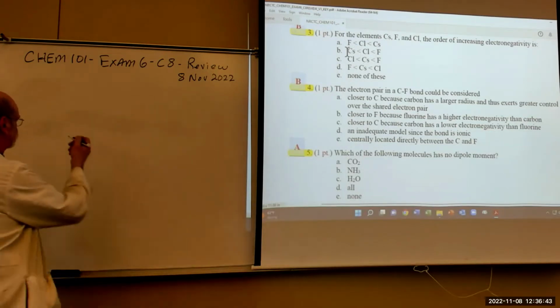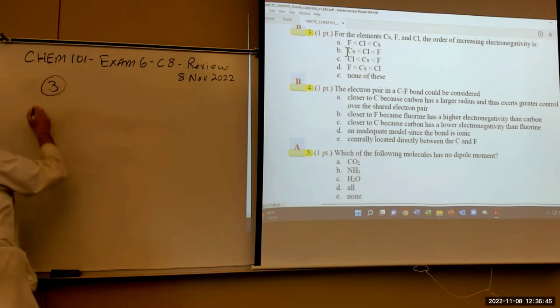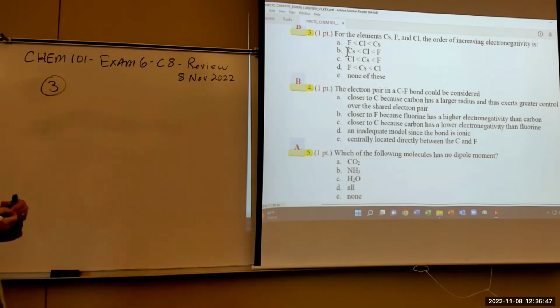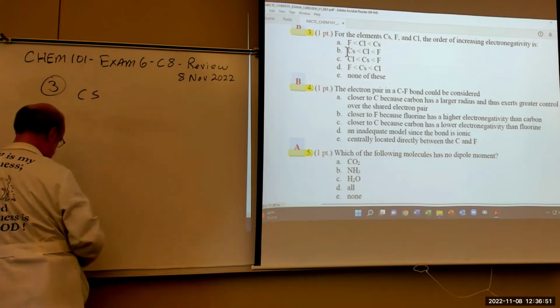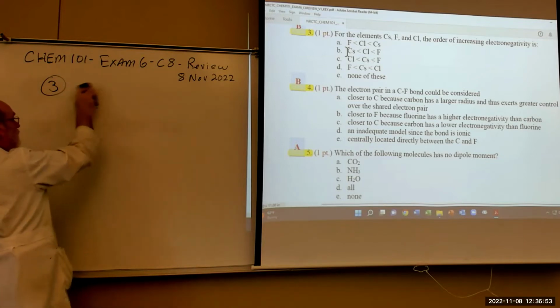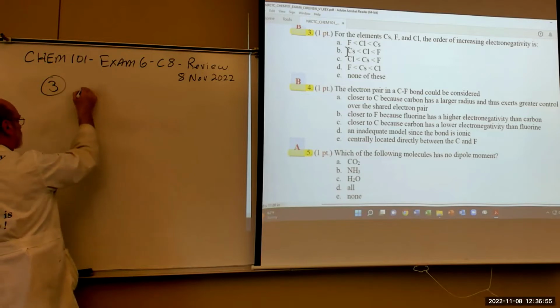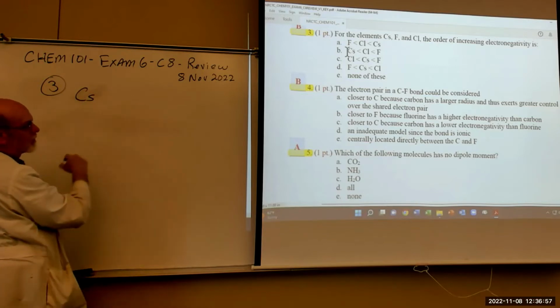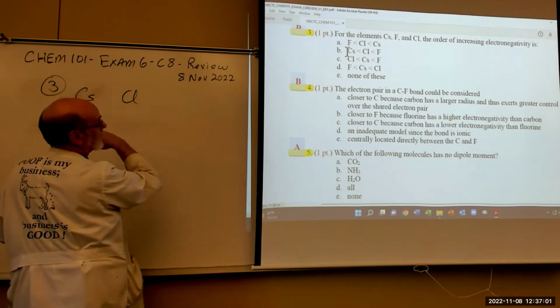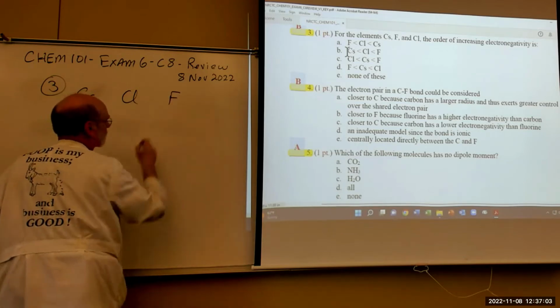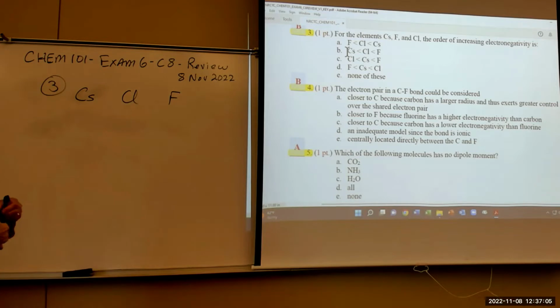Number 3. For the elements cesium, fluorine, that's not correct. That's carbon sulfide. Cesium, chlorine, and fluorine. Okay, for those three, the order of increasing electronegativity.